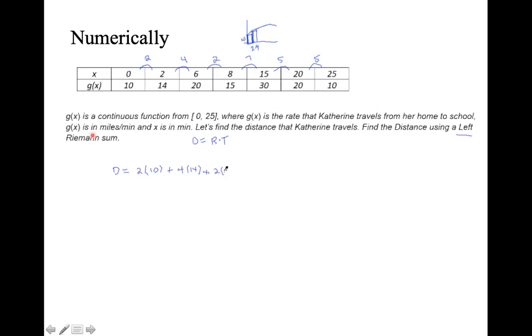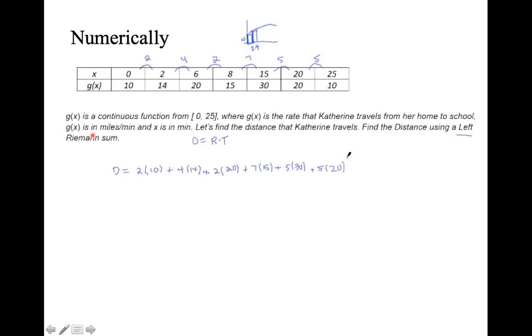Next we have 2 times 20 plus 7 times 15 plus 5 times 30. And our last width is 5, and we're multiplying it times 20.